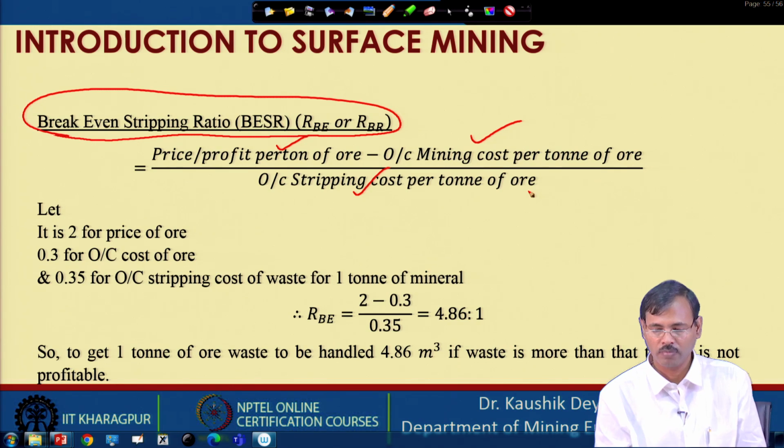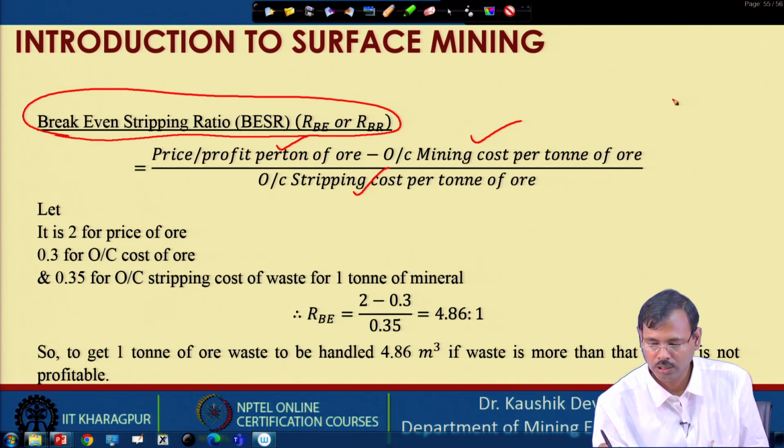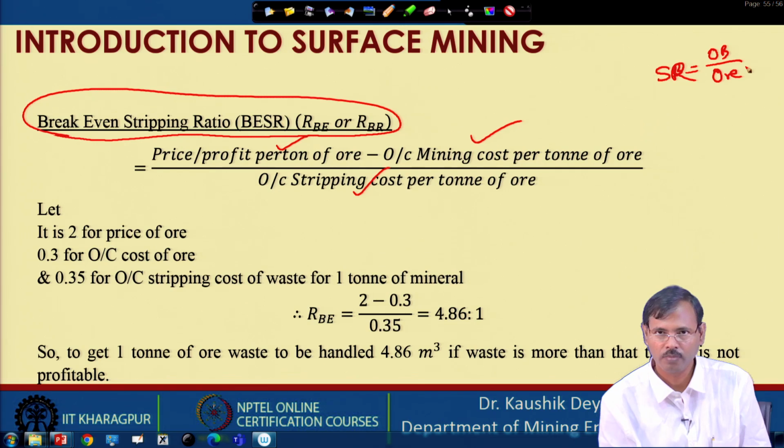That means, the stripping ratio basically gives us the overburden quantity required to be excavated for a tonnage of ore.